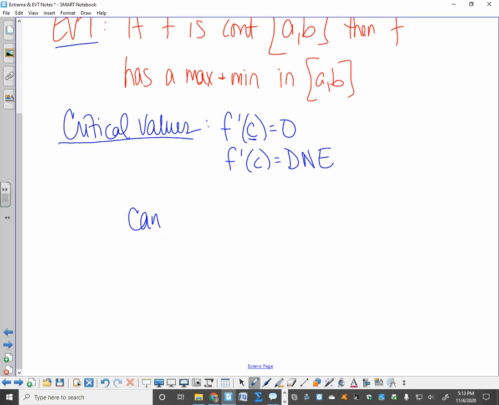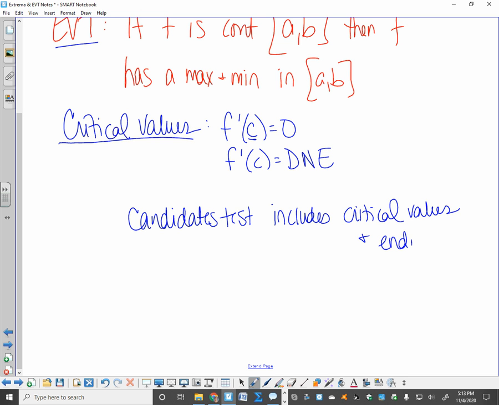The candidates test includes critical values and endpoints, because extreme maxes and mins can happen inside the interval at those critical values or at the endpoints.